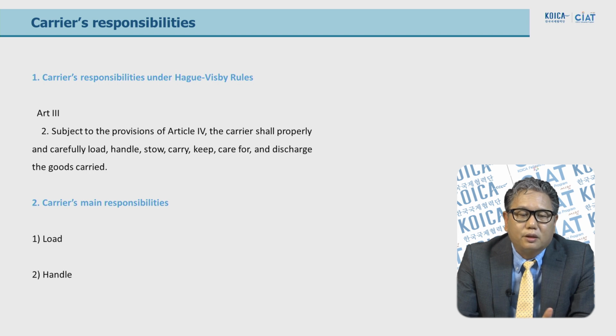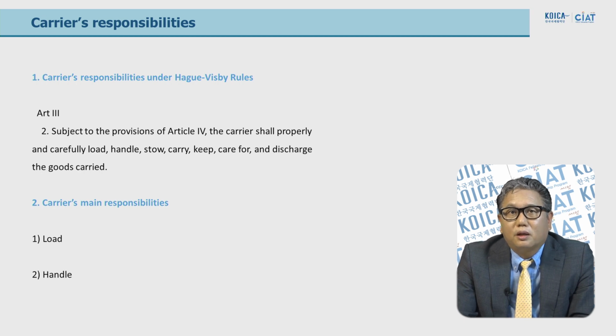You can see this Article 3 of the Hague-Visby rules. I read it. Paragraph 2 is subject to the provisions of Article 4. The carrier shall properly and carefully load, handle, stow, carry, keep, care for, and discharge the goods carried.